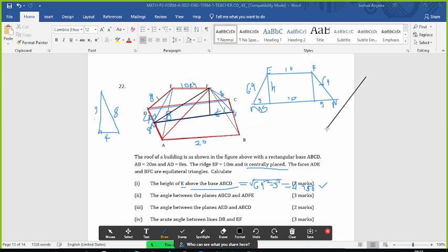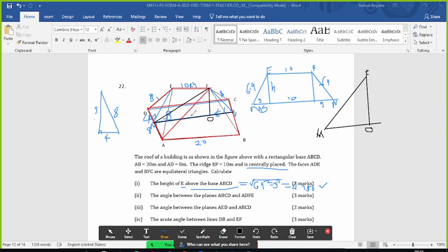There is this triangle here, and this triangle is at M. Then this is F. This one, let me call this one O. So we follow what we know, how to find the angle between two planes.